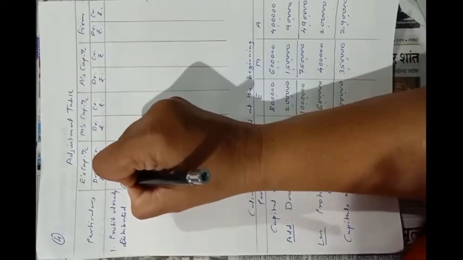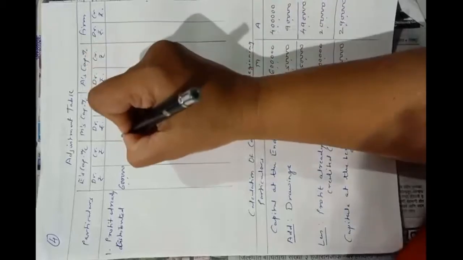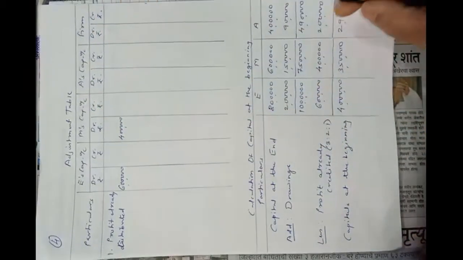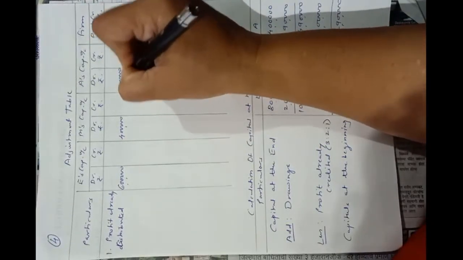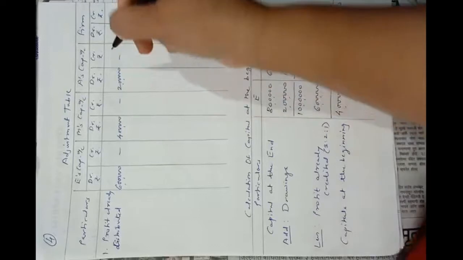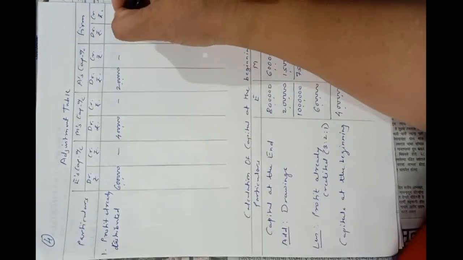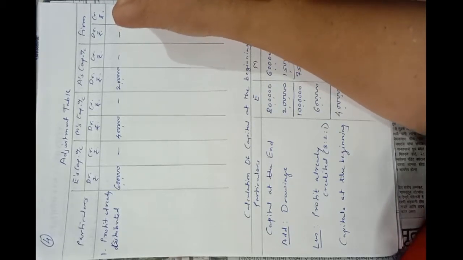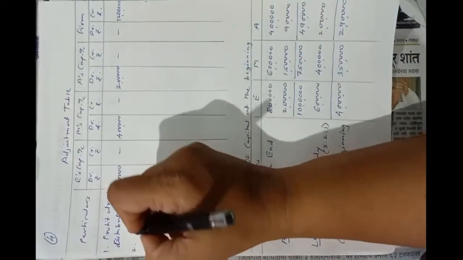So 6 lakhs, then 4 lakhs, and for A it is 2 lakhs. Their accounts are debited by this amount, so firm's account will be credited by the total amount, that is 12 lakhs. Okay, then second point will be of interest on capital.